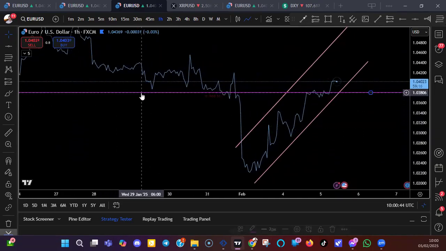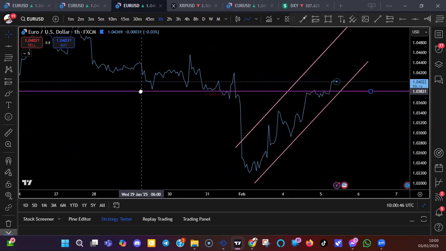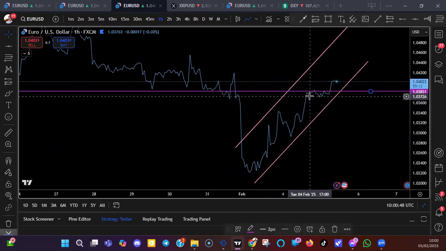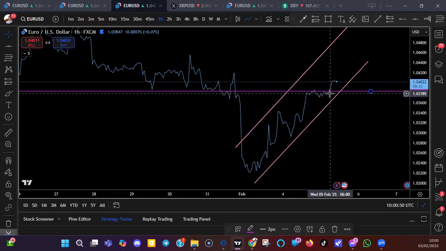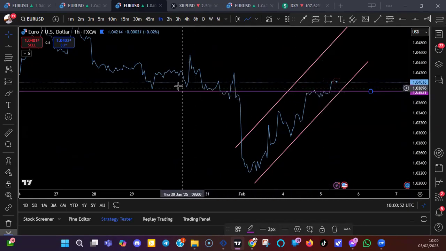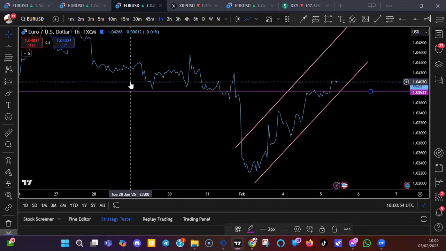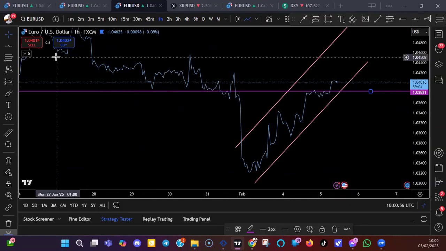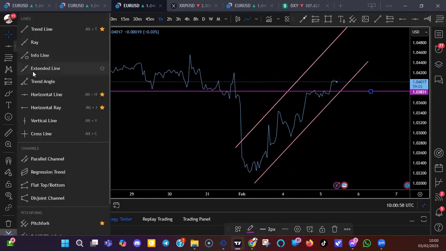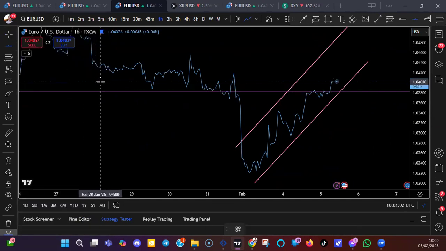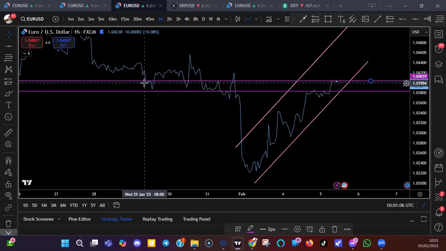We could raise that just a smidge. We've had several touches along here on the hourly time frame. And just where we are now is quite an important area for the price to break free from, because it stayed there for quite a while.